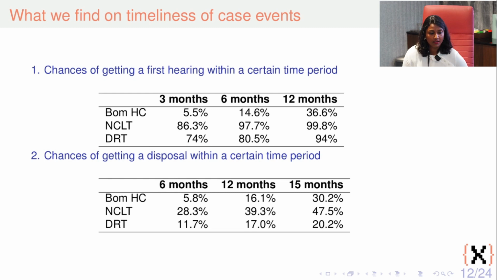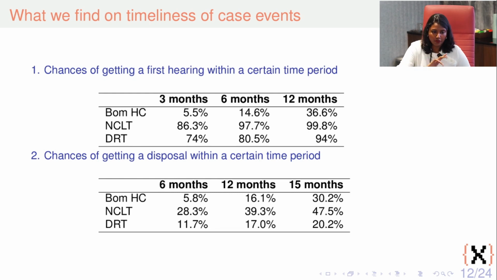Okay. So again, NCLT fares better in terms of disposal as well, where there is a 28.3% probability of a case in NCLT getting disposed of within 6 months. In the second column, you can look at the probability of a case getting disposed of within a period of 1 year.